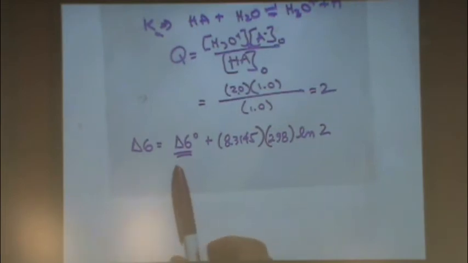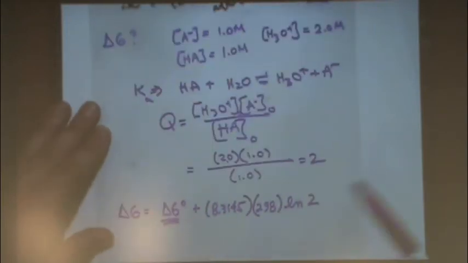So delta G standard is at specific conditions where we're at equilibrium. However, delta G here, without the superscript 0, is a non-equilibrium value, and so I need to use this to calculate whatever it is. So that's a pretty typical delta G problem.